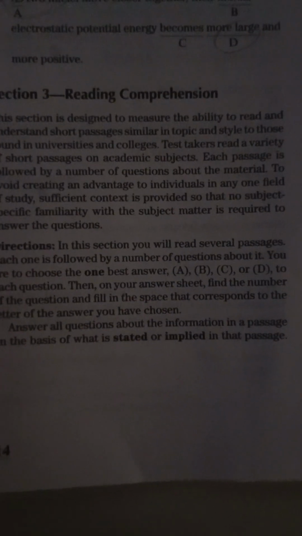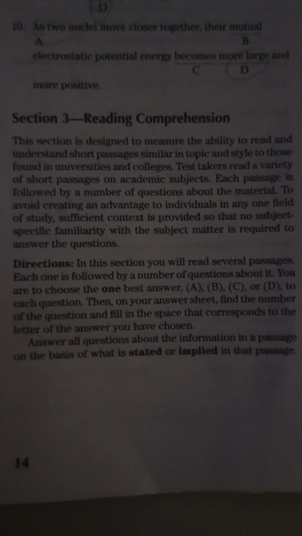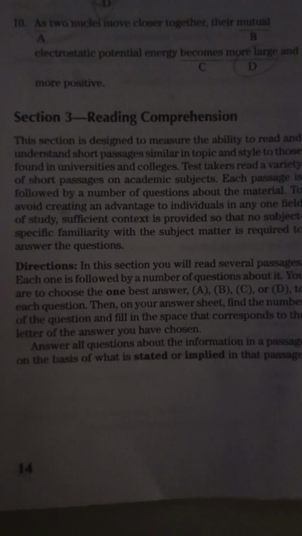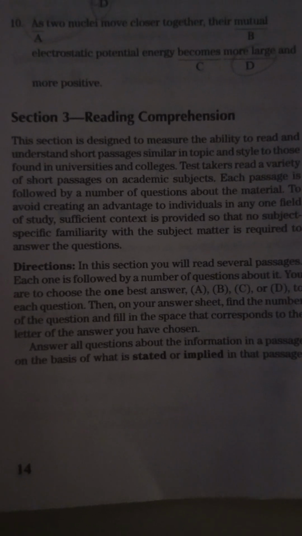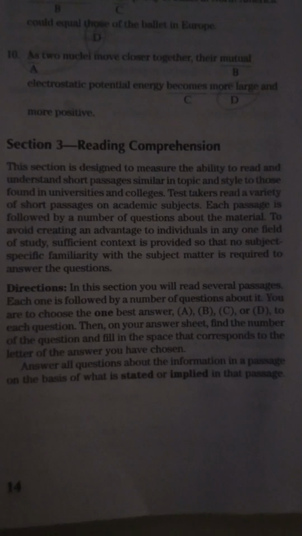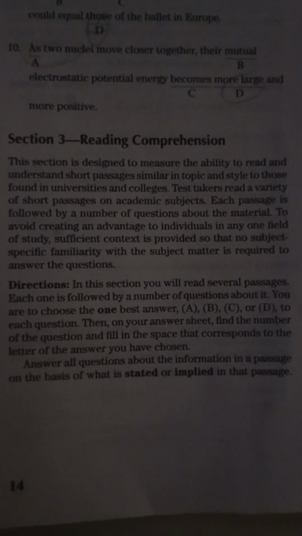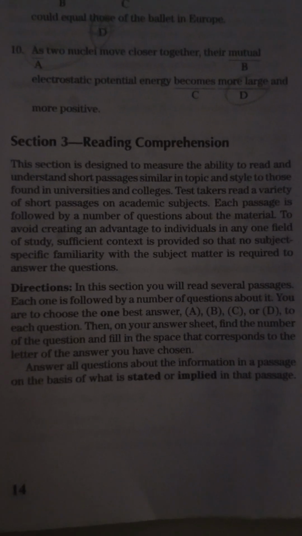This section is designed to measure the ability to read and understand short passages similar in topic and style to those found in universities and colleges. Test takers read a variety of short passages on academic subjects. Each passage is followed by a number of questions about the material.